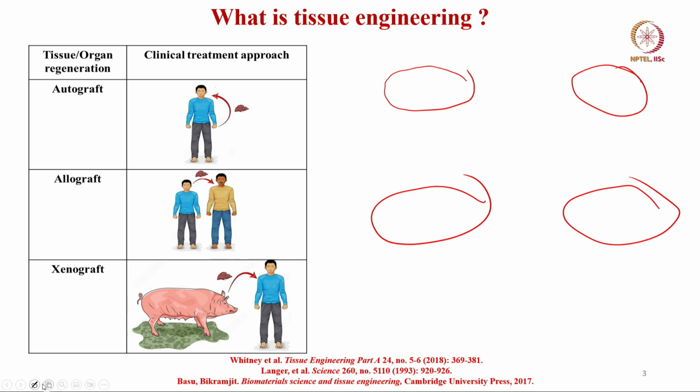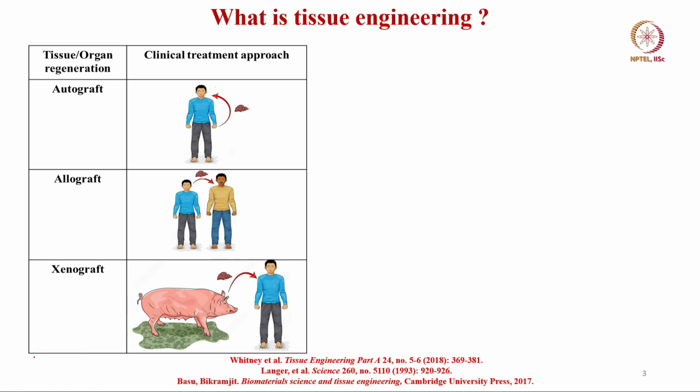So, tissue engineering, you know that there is a clinical treatment approach which clinicians or surgeons have been using for decades. Autograft: you take some part of the tissue from other parts of the body, you place it in the other part of the body, same patient.